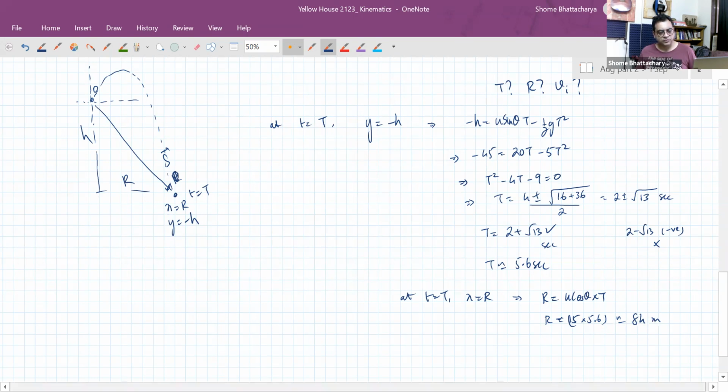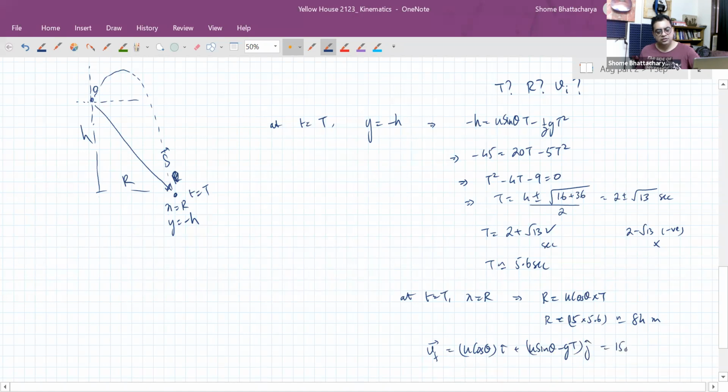Okay. And now the final velocity will be like this. It will be u cos theta i cap plus u sin theta minus gt j cap.